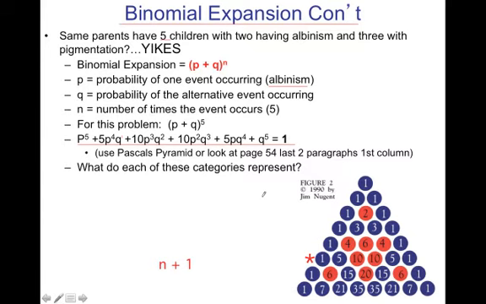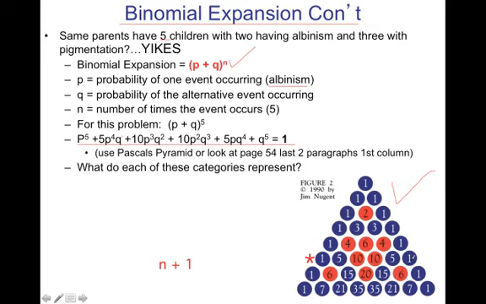Okay. On the exam, I should tell you that you will be given this equation, and you will also be given this Pascal's pyramid here. The way we use this pyramid is to assign the numbers that go in front of these probabilities. So in this case, 1, 5, 10, 10, 5, 1.